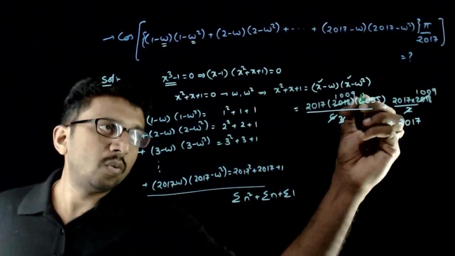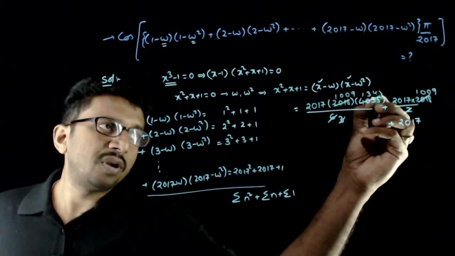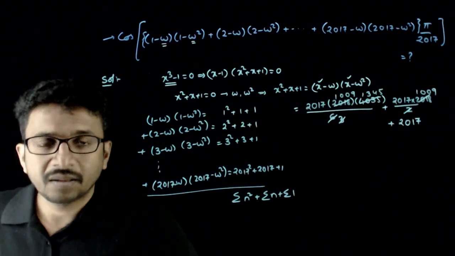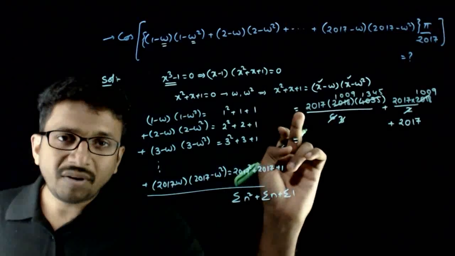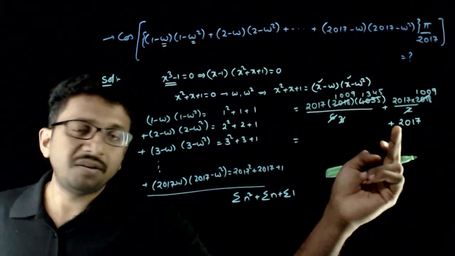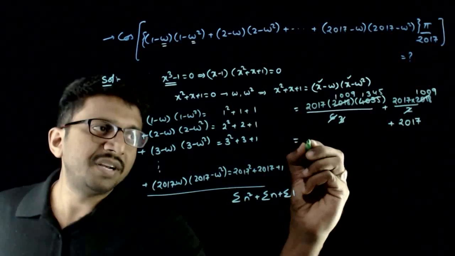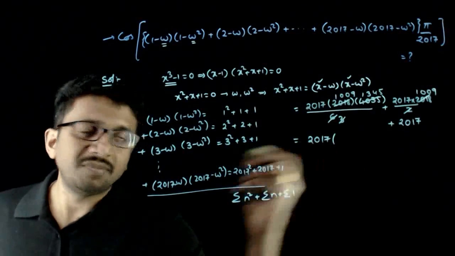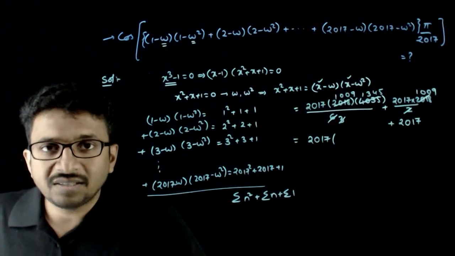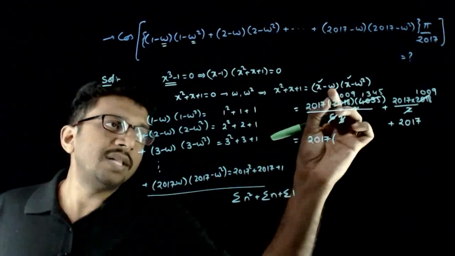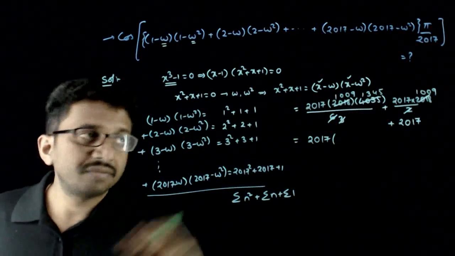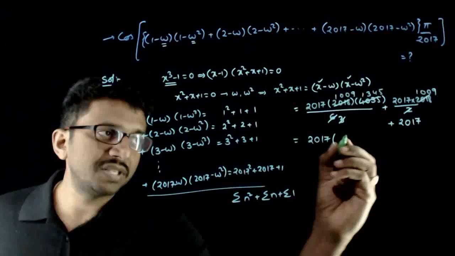So 3 1 3 4 5s are 4035. As you can see, you have a 2017 here, you have a 2017 here, you have a 2017 here. So this can be written as 2017 times 1009 into 1345. 1009 into 1345 is an odd number.